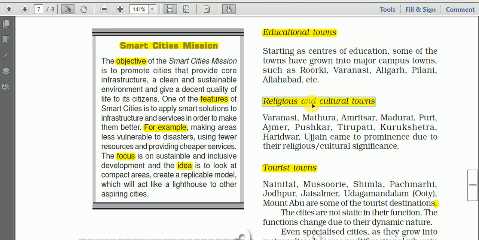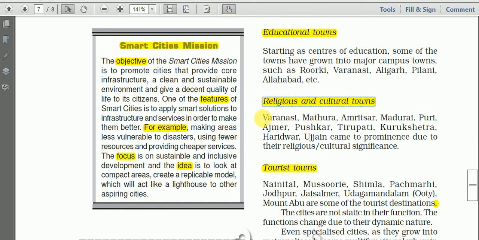Then religious and cultural towns. Towns having cultural centers, towns having pilgrimage places.